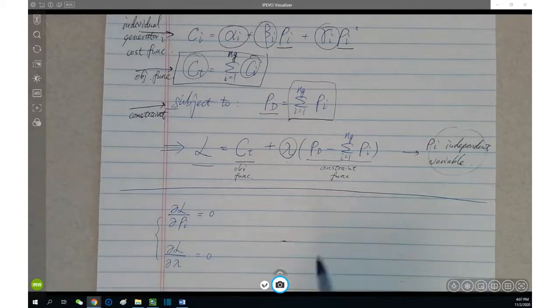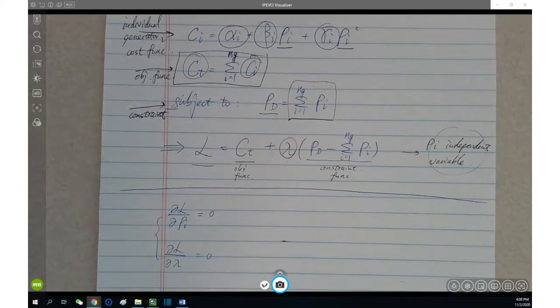Because here we only have one constraint function, which is the demanded power. We are not involving others like the limitation of the generator. We're not involving constraints like the power loss.